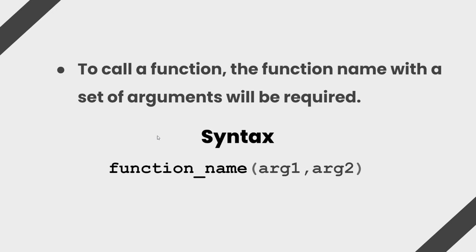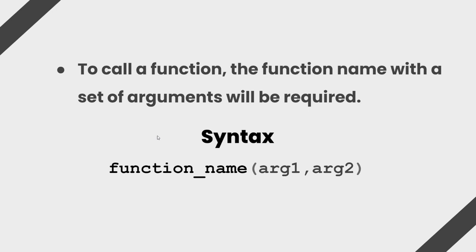Now we already know about the function name. The only new thing here is the argument. The arguments represent the values assigned to the parameters when a function is being called. You can see that here we have two arguments in this syntax.